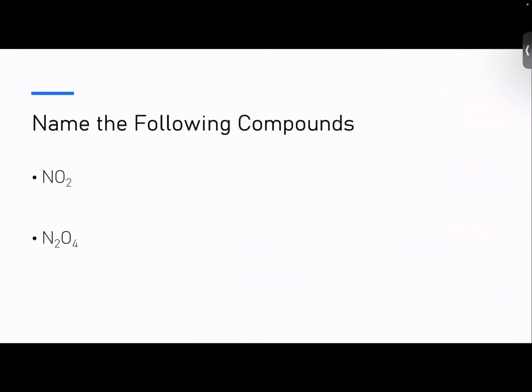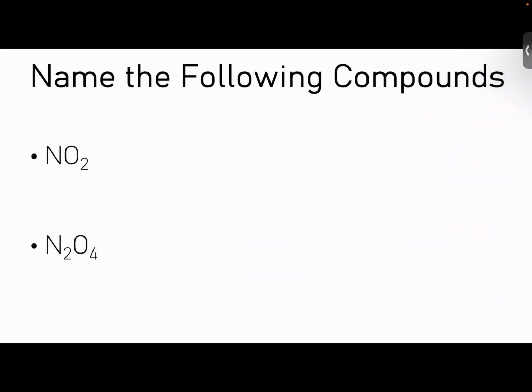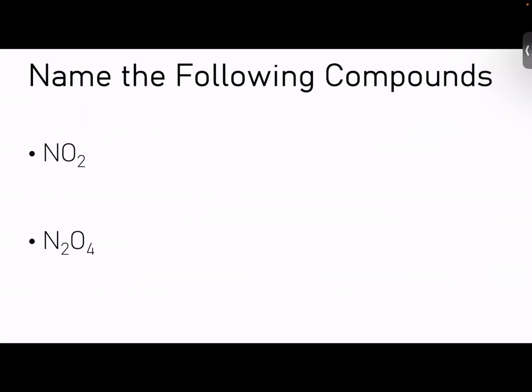So let's look at a couple of examples. Let's name our friendly free radical that we've been dealing with in lab. We have one nitrogen and two oxygens.